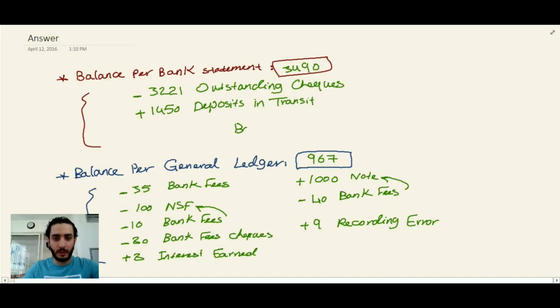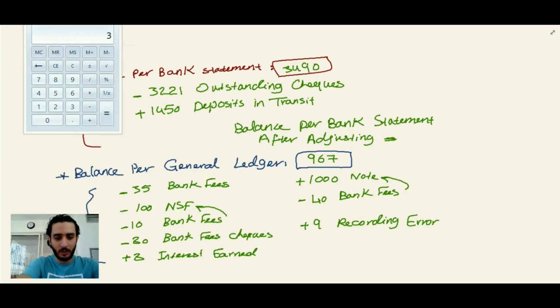So the balance per bank statement after adjusting is equal to 3490 minus 3,221 plus 1450, so it's 1719.